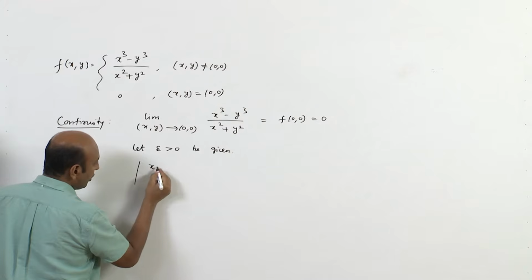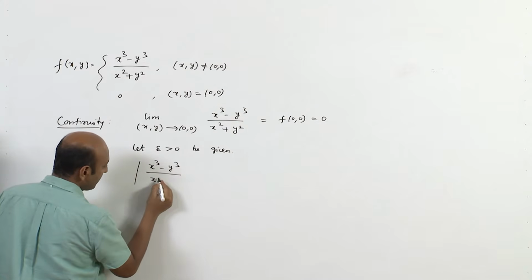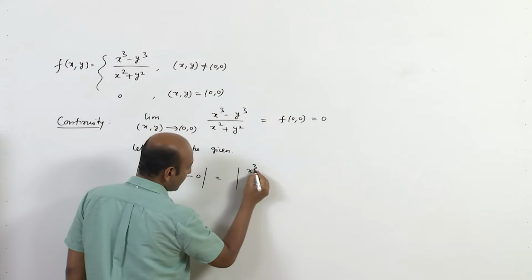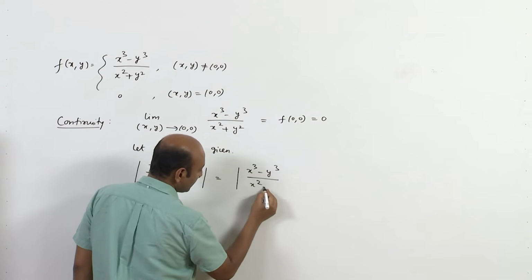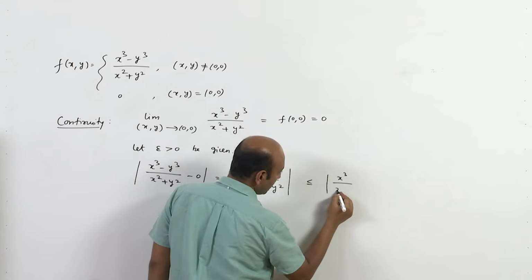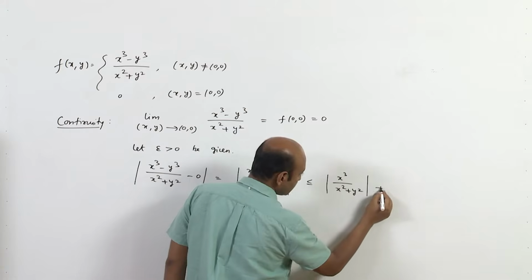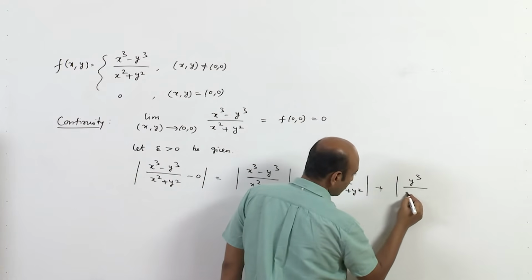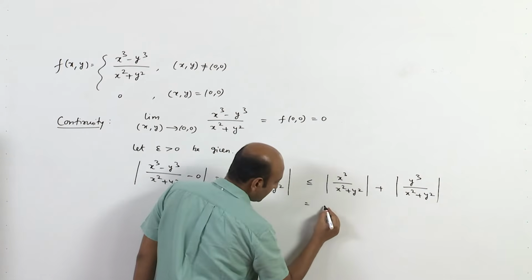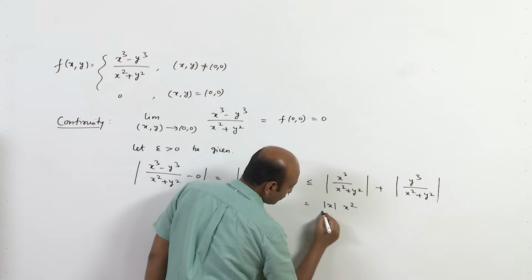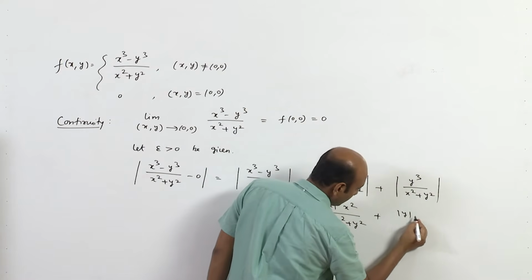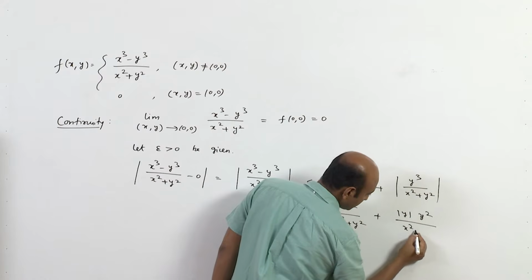Now, take mod of (x cube minus y cube) upon (x square plus y square) minus 0, which is equal to mod of (x cube minus y cube) upon (x square plus y square), which is less than or equal to mod of x cube upon (x square plus y square) plus mod of y cube upon (x square plus y square), which is equal to mod of x into x square upon (x square plus y square) plus mod of y into y square upon (x square plus y square).